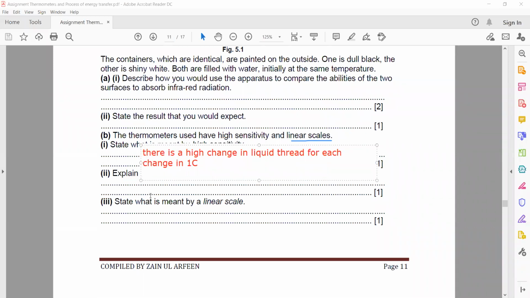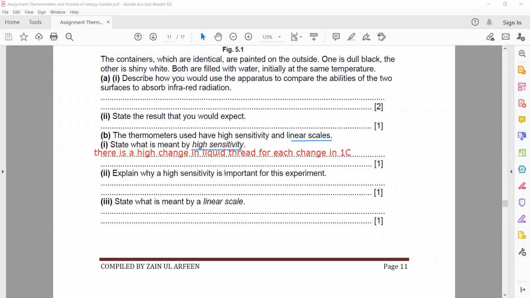That's called high sensitivity. And why is high sensitivity important? Because here the temperature change will be small. Whenever you have a small change in temperature, highly sensitive thermometers are important.